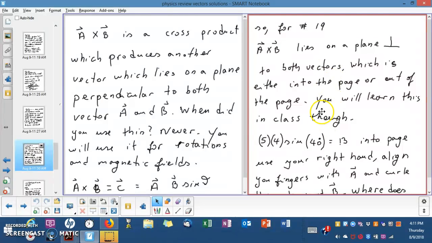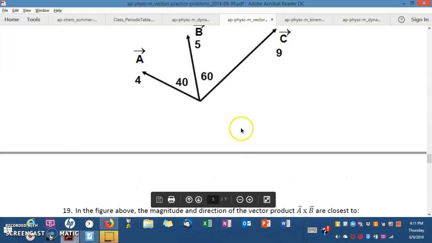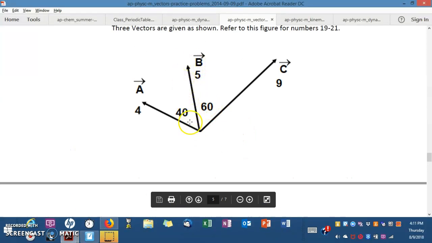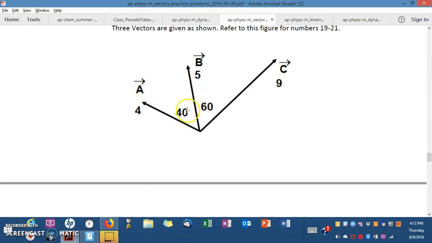First of all, I would like you to put your hand like a knife, straight on your palm, and align your fingers in the direction of A. The order is important, they are saying A cross B. So you point your fingers along A, and you curl your fingers toward B. So you align your fingers along A and you curl them toward B.